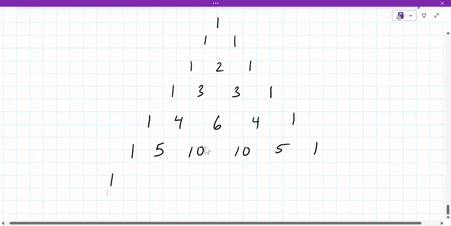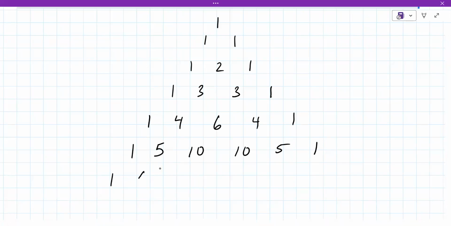Remember, you're just adding. You got to start with 1. 1 and 5 is 6. Okay, now 15. Keep going. 15, 20, 15, and then 6, and then 1. Good.